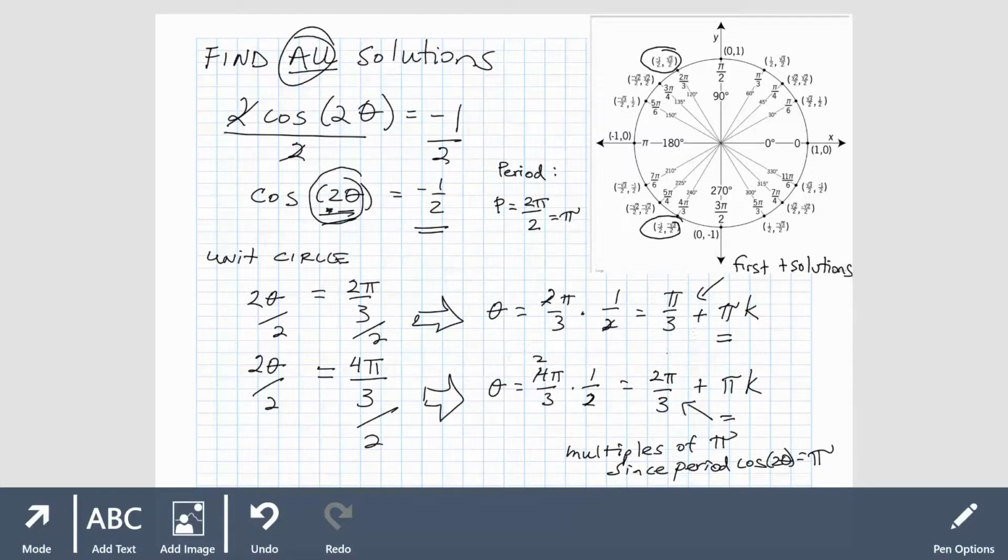Anytime we find our two base values off of the unit circle, we have to do a little bit of solving to get theta by itself. That gets us the pi over 3 and the 2 pi over 3. But then to get all other possible answers, we have to add multiples of the period, which was modified, and our new modified period is pi. That's why we're adding pi k here, where in previous problems we've been adding 2 pi k because there was no extra value in front of the theta inside of the trig function. So these would be all of your solutions to this particular trig equation.